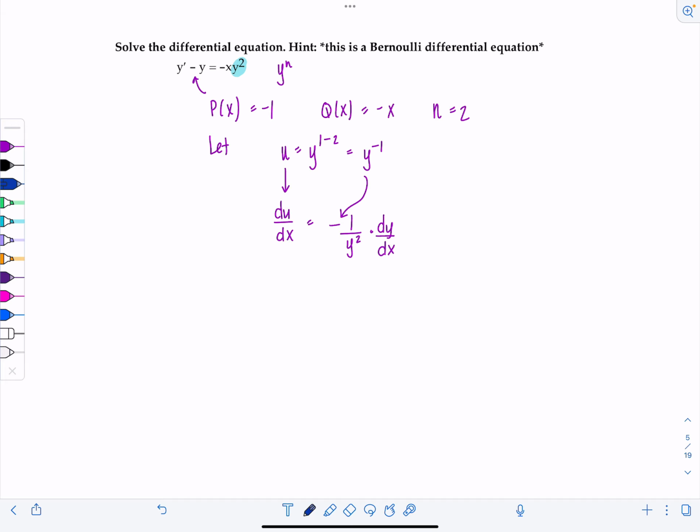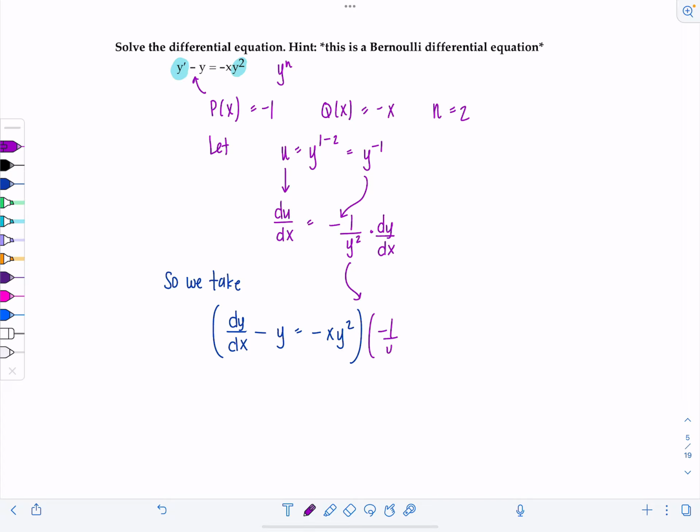Okay, hang tight. So we take the original differential equation. I'm not crazy about writing this as y prime, so I'm going to rewrite it as dy dx minus y equals -x y squared. And I'm going to multiply it now by -1 over y squared. Okay, and then look what happens here.